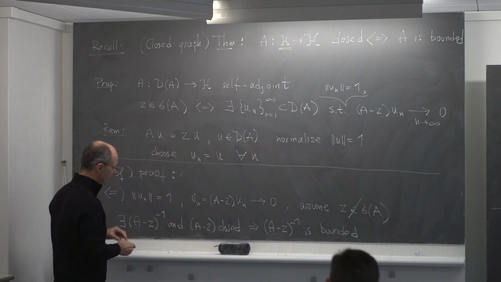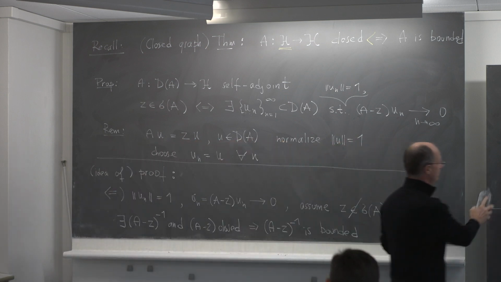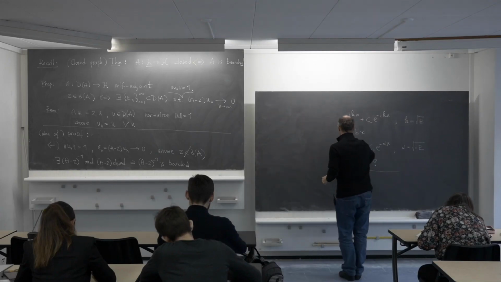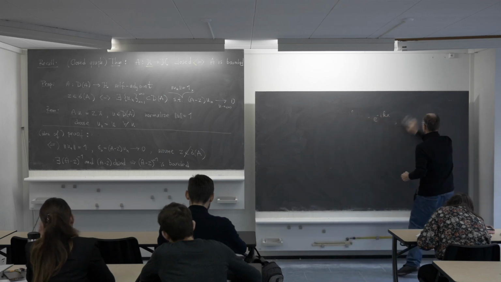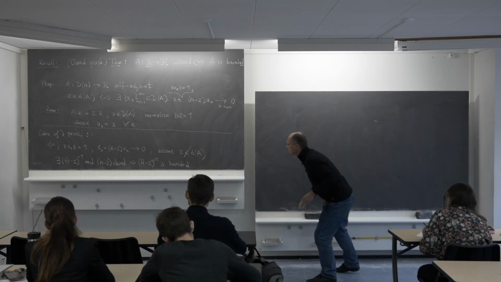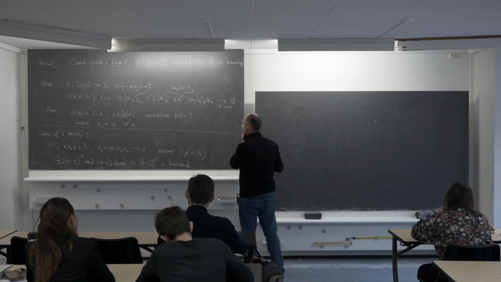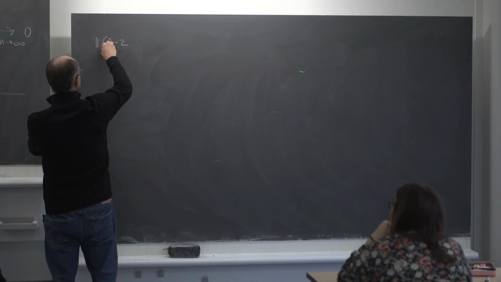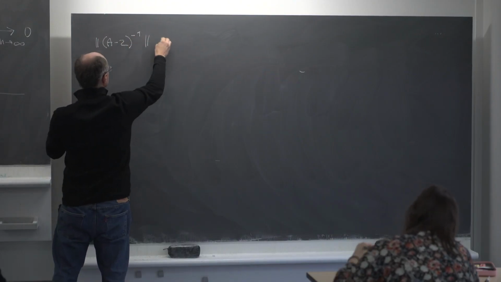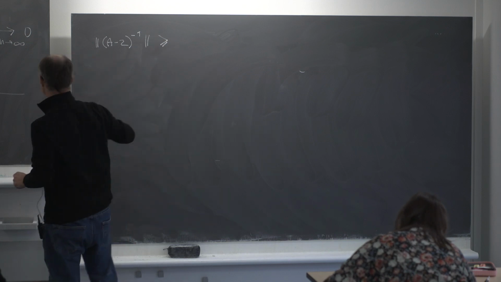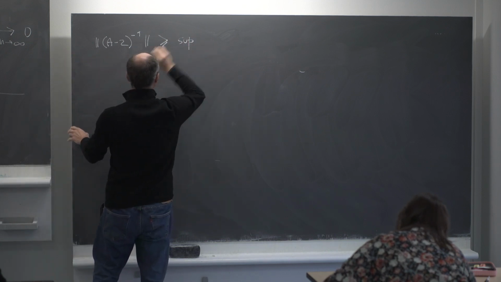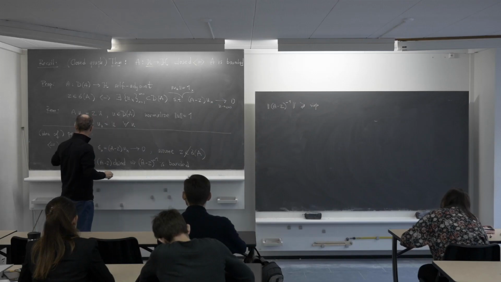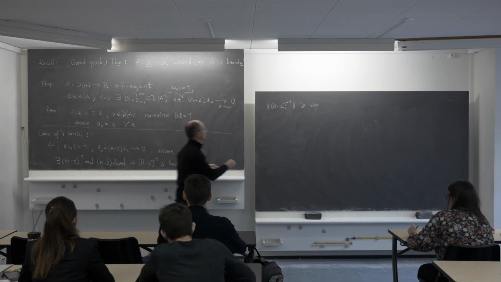So we have a bounded inverse for A minus Z. But I think this is clearly a contradiction because the norm of (A minus Z) inverse is bounded from below by the supremum of what?